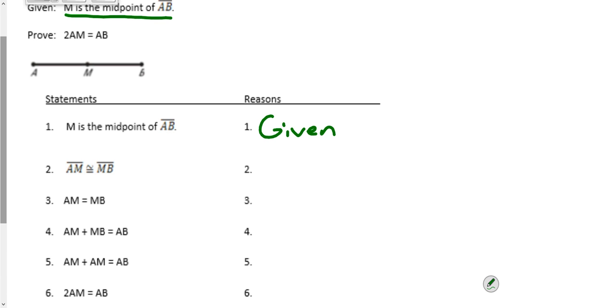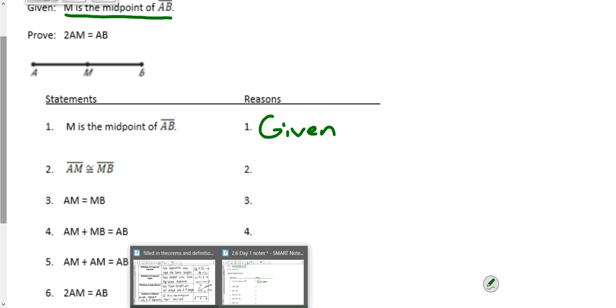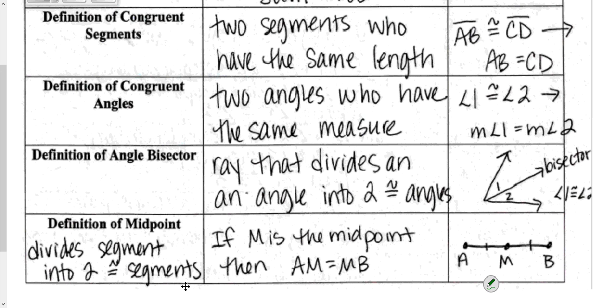Then we have segment AM is congruent to segment MB. Well, I actually want to pull this up back at our definitions page. If we look at the definition of midpoint, it says if M is the midpoint, then AM equals MB.